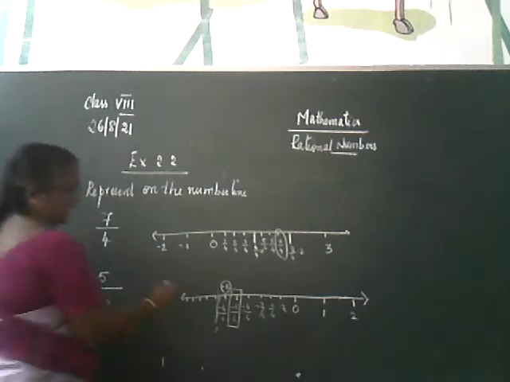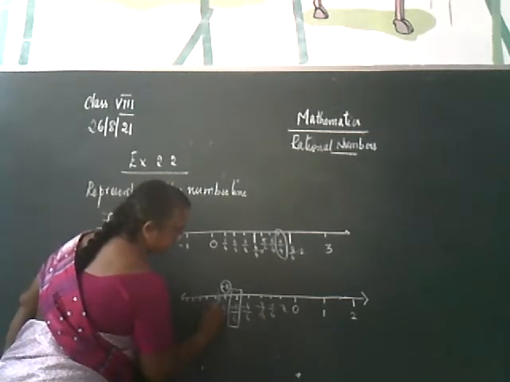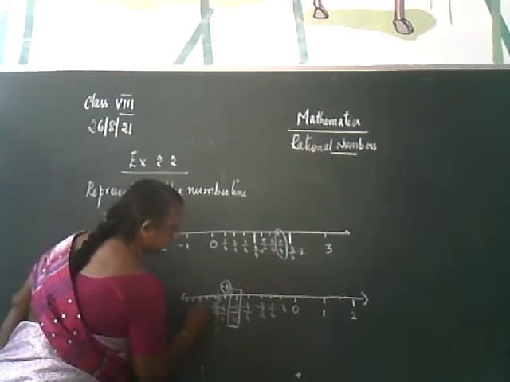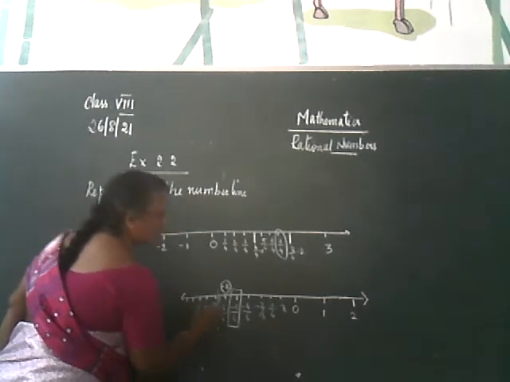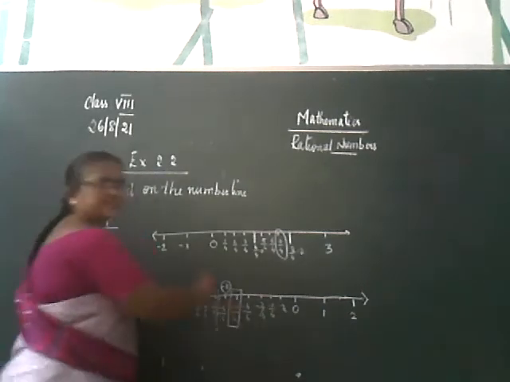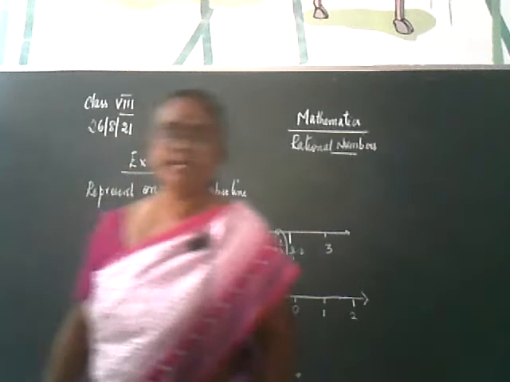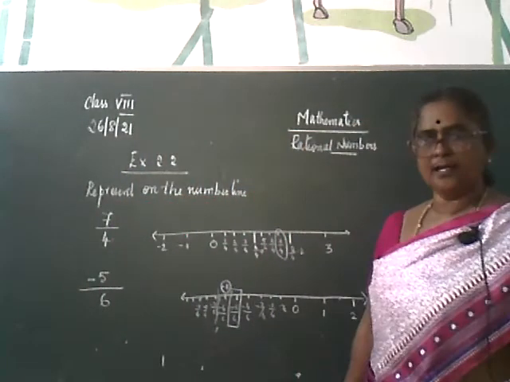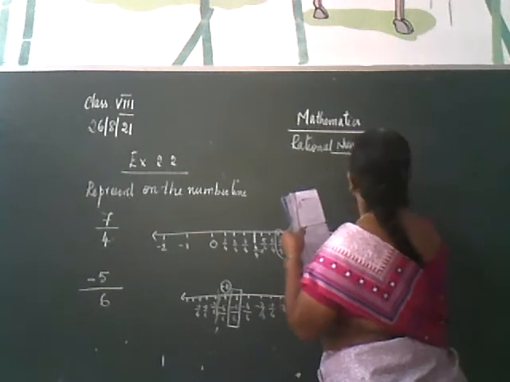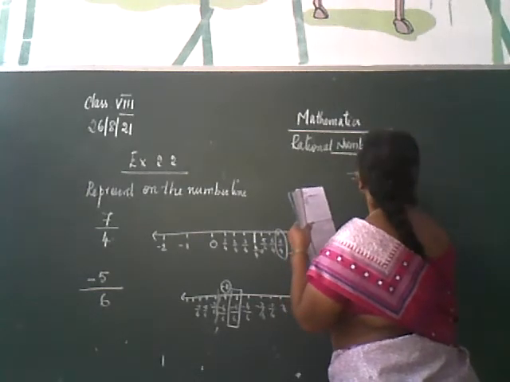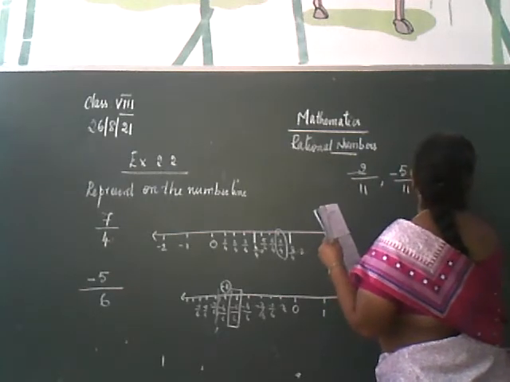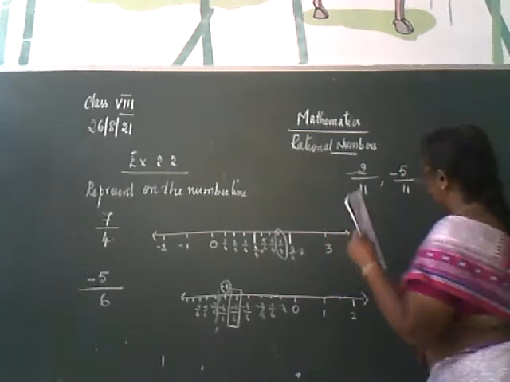So you can write minus 7 by 6, minus 8 by 6, minus 9 by 6, like that you can go on writing. Okay, but I want minus 5 by 6, which is already there on the number line. Okay, understood? Yes.